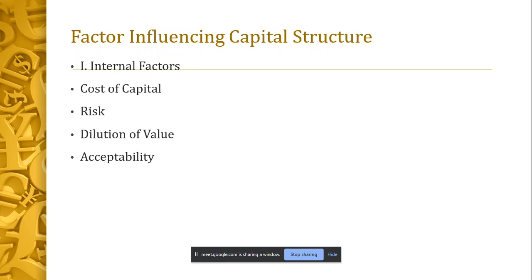If my potential investors are ready to accept my proposal, there might be chances that I can make my capital wholly out of equity. But if there are no investors for my company, then I will have very few ways to build my capital structure.